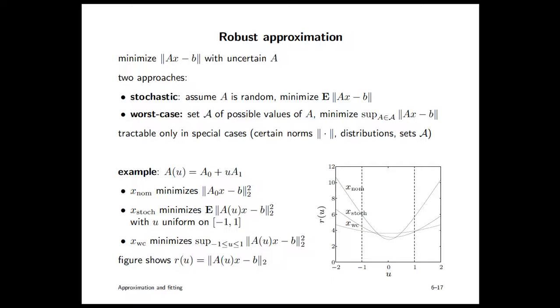It gives much larger residuals as u moves away from 0 and approaches -1 or 1. The worst-case solution has a larger residual when u equals 0, but its residual does not rise much when u varies over the interval between -1 and 1. The stochastic robust approximation solution is in between.